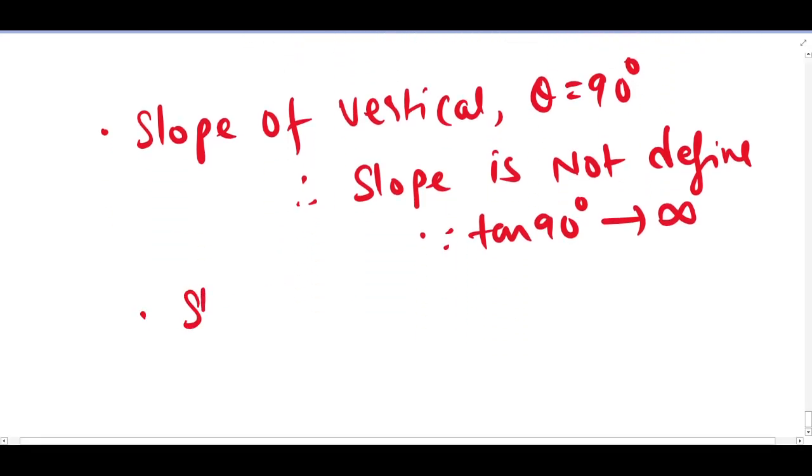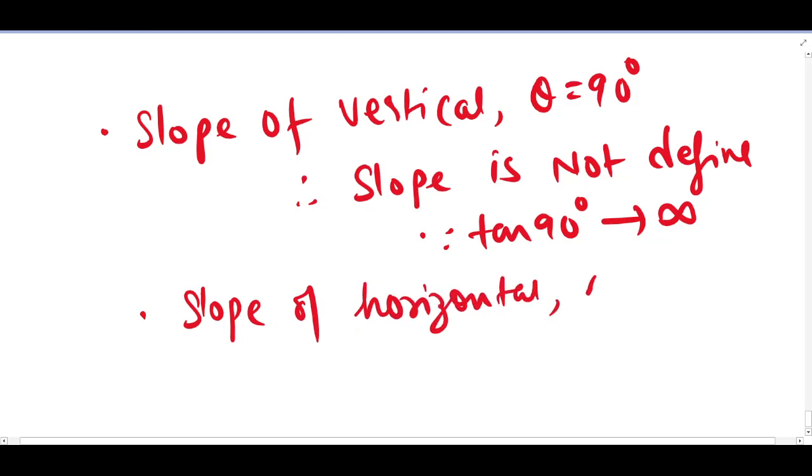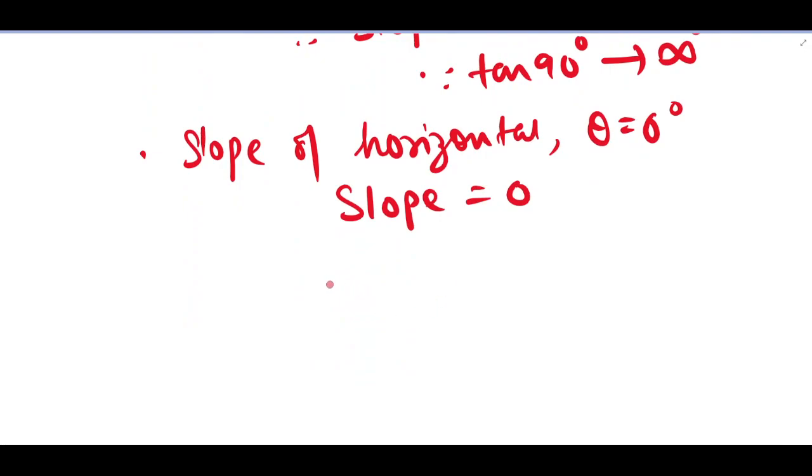Second, the slope of a horizontal line. For a horizontal line theta is 0 degrees, so slope is equal to 0 because tan 0 has a value of 0.